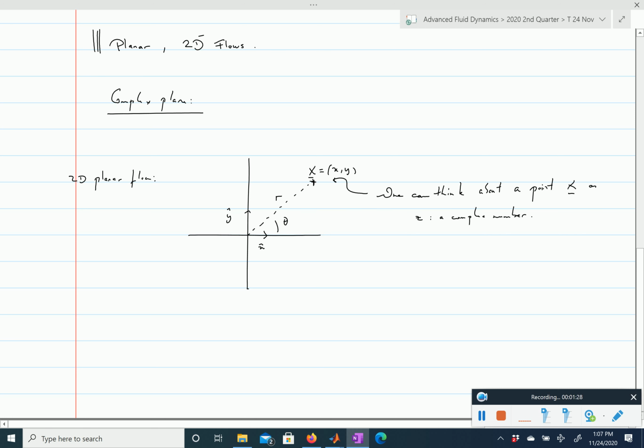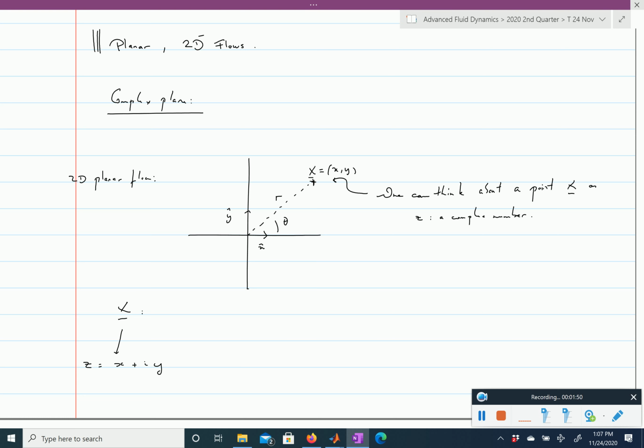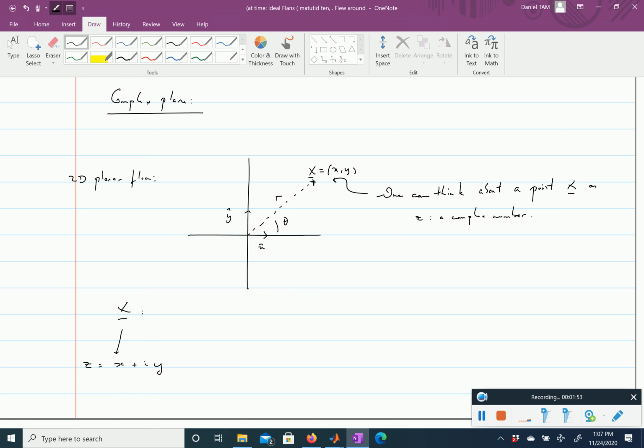And so if you are given a point x, you can think about the following complex number z, for which the real part is x, the component of your point in the x direction, and the imaginary part is y, right? So here the real part is x, and y here is the imaginary part.